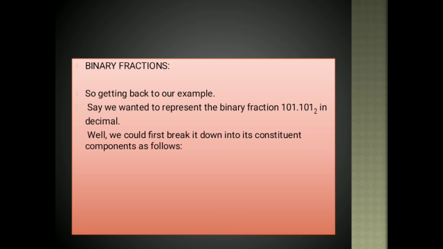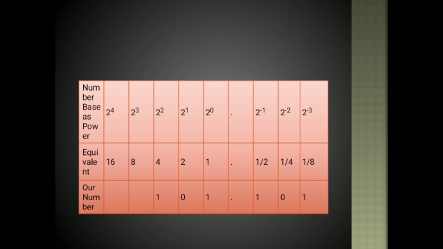Binary fractions. Getting back to our example, if we want to look at binary fractions, we will take an example and first break it down into its constituents. This is a table having equivalent numbers.